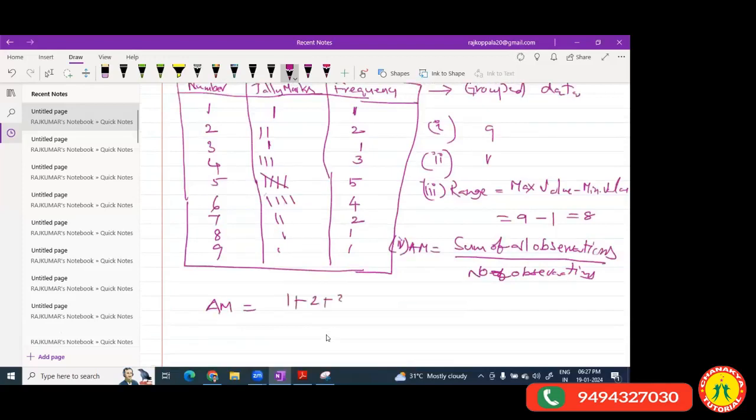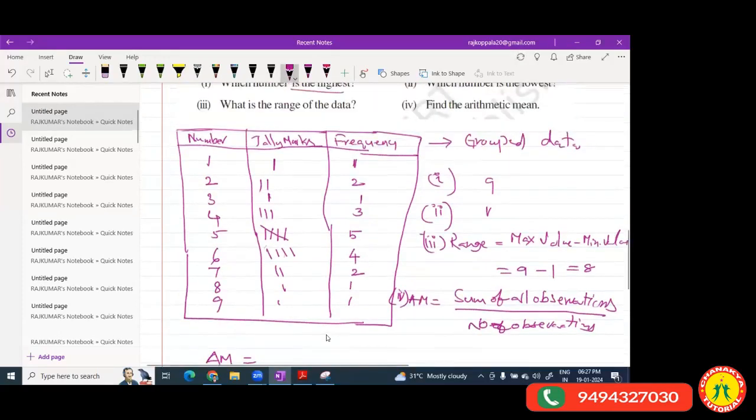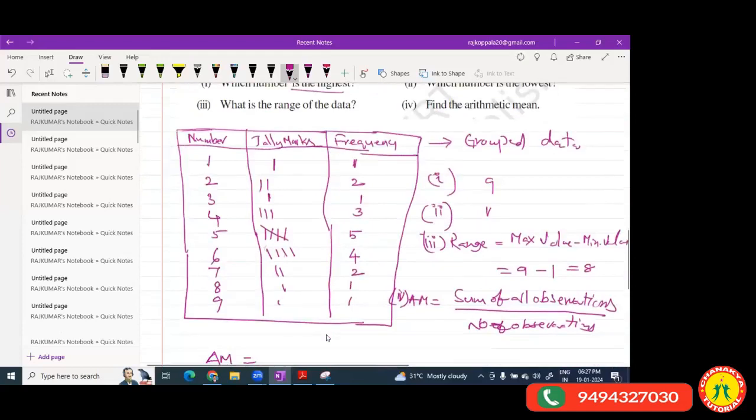1 plus 2 plus, no. All those numbers we have to add. What numbers? See here, what are the numbers? 4, 6, 7, 5. 4 plus 6 plus 7 plus 5. Sum means we have to add.